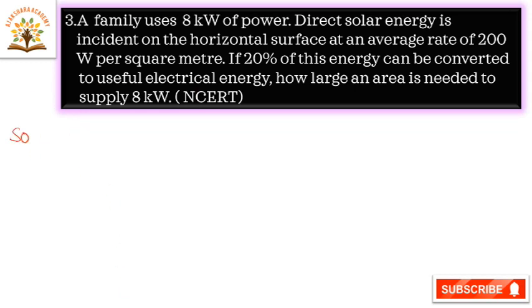Here they given power P is equal to 8 kilowatts, converting into watts, 8000 watts.